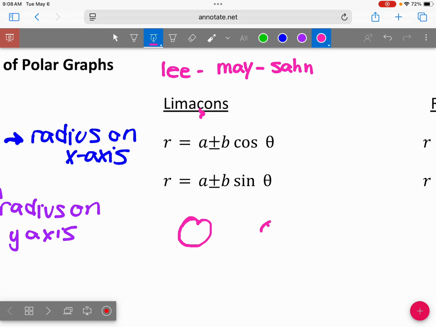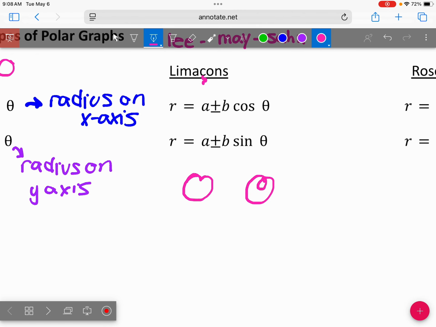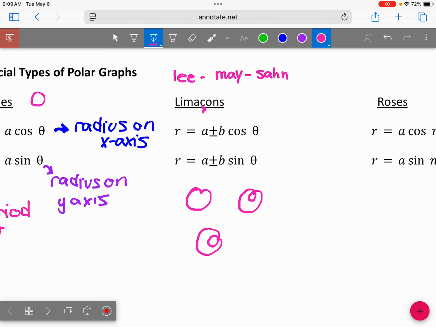Sometimes they're going to be like a little loop-de-loop inside a circle. And they could be facing up, they could be facing to the side. It could be like that. So they're making a weird loop-de-loop.